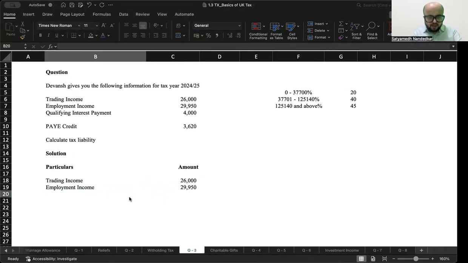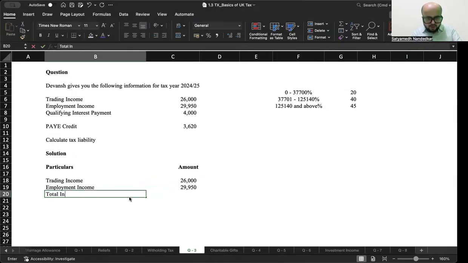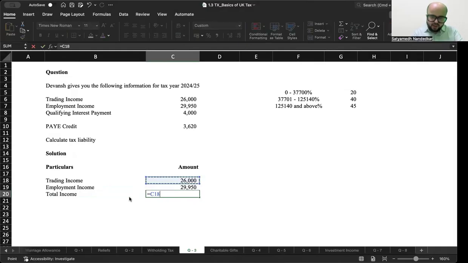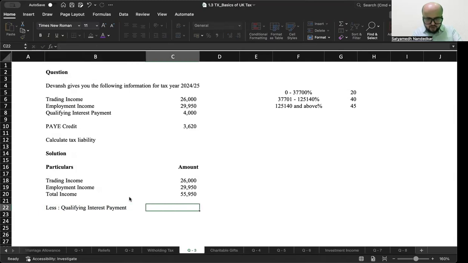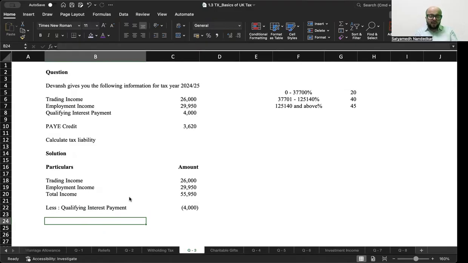How much is the qualifying interest payment? 4,000. So let's get our total income, which is 26,000 plus 29,950 less the qualifying interest payment of 4,000. What do you have? You will get his net income.